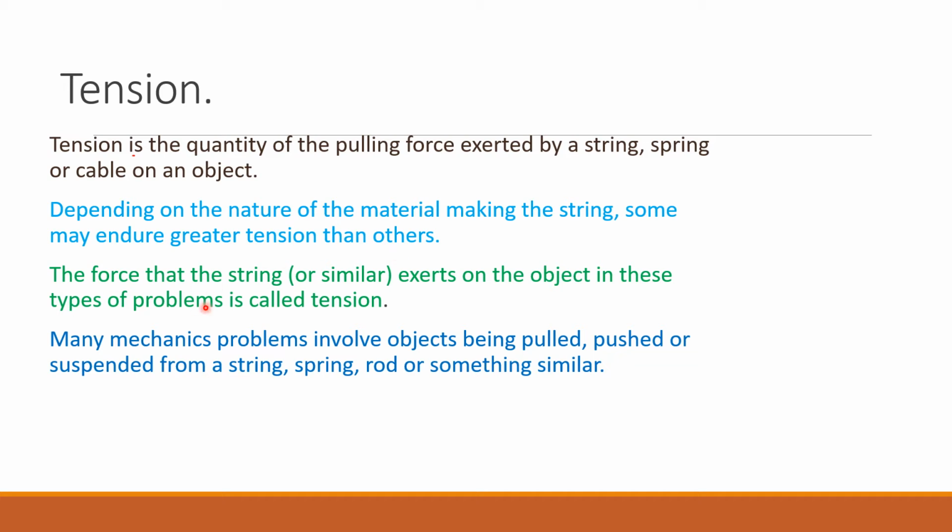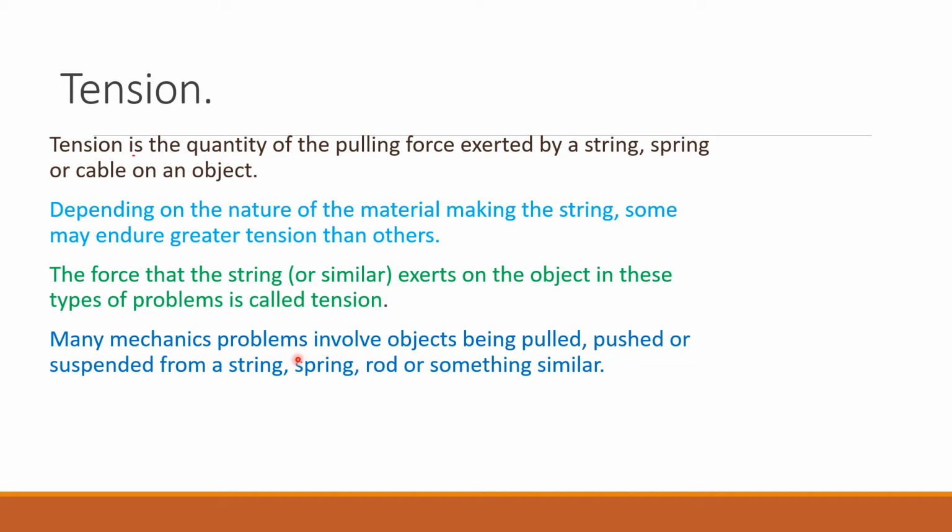The force that the string or similar objects such as the spring or cable exerts on an object in this type of problems is called tension. So the force that is exerted on a string is what we call tension.